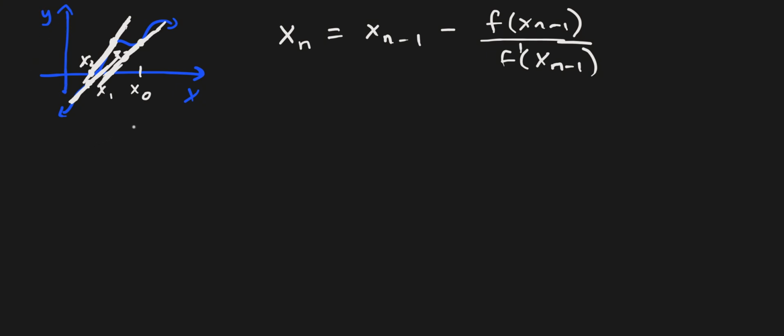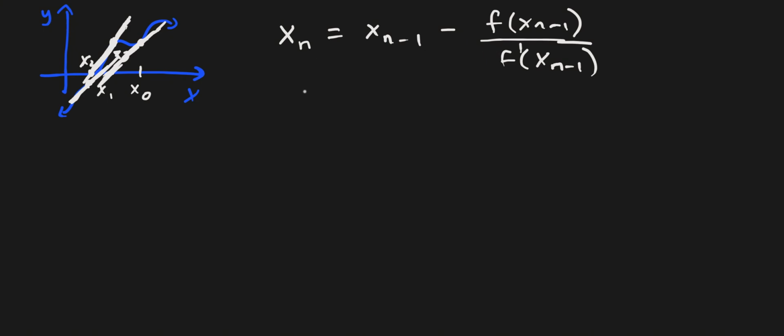It's not going to work all the time, but it is going to work sometimes. For some functions it's not going to work. It's just going to keep going to random points and not settle at one point. But in some cases, the tangent line is going to settle at one point, and multiple times it's going to keep getting that point, and that's going to be your root.